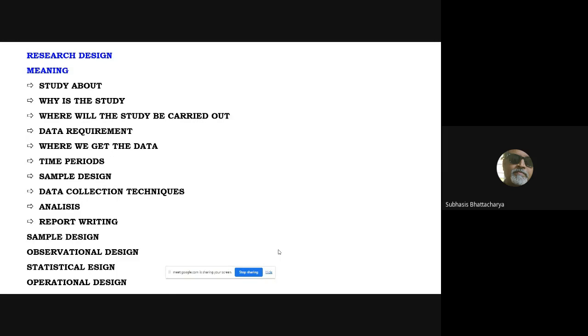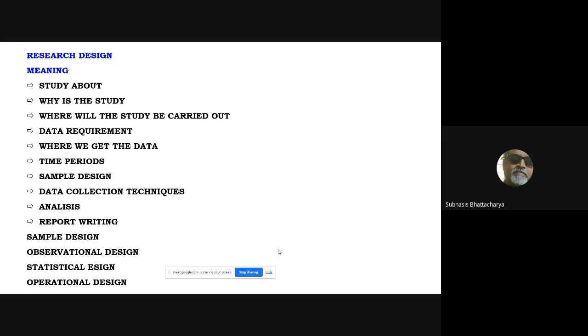First, it is a plan that specifies the sources and type of information relevant to the research problem. Second, it is a strategy which specifies which approach will be used for gathering and analyzing the data. And it also includes the time and cost budget, since most studies are done under these two constraints.